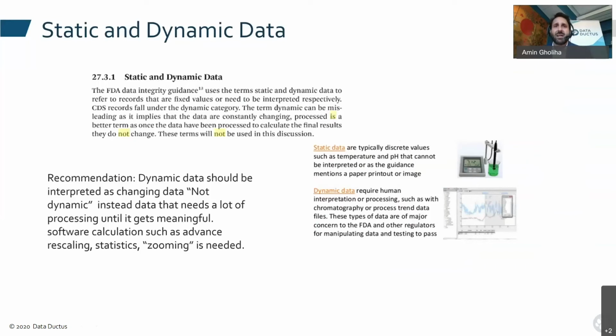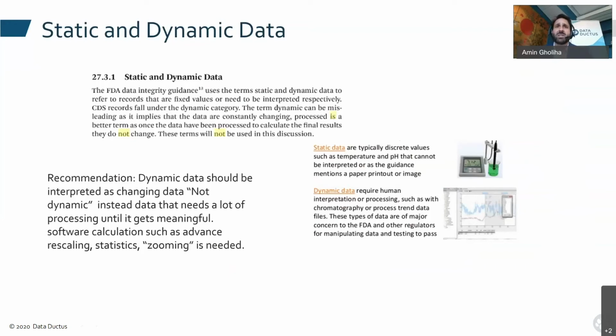But dynamic data should be interpreted as data that requires interpretation, not data that is changing. One example of dynamic data is chromatographic data. With chromatographic data, you need to do a lot of calculations and processing of the data before you get something useful. And many times human interpretation or processing of the data is required.